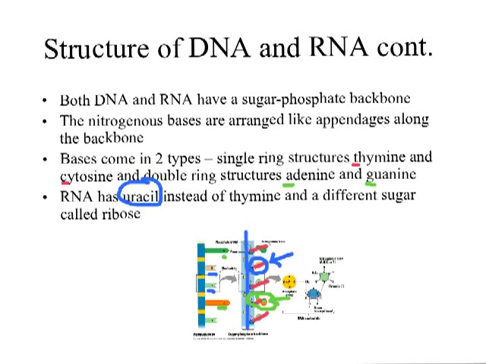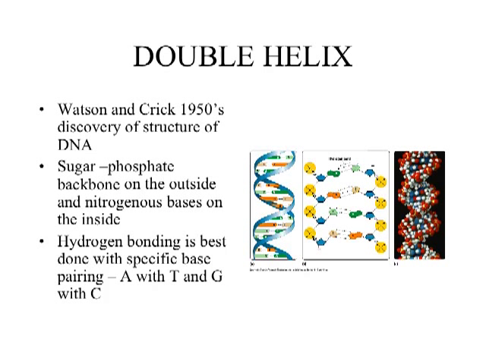In the 1950s, Watson and Crick actually discovered the structure of DNA. So they, through X-ray crystallography, I believe, figured out that the sugar phosphate backbone was on the outside of the structure of DNA, and the nitrogenous bases were all on the inside.